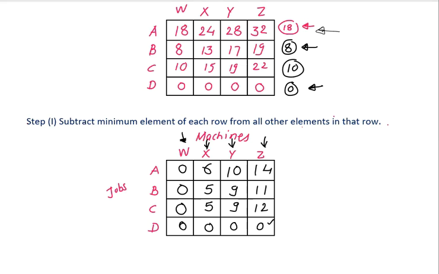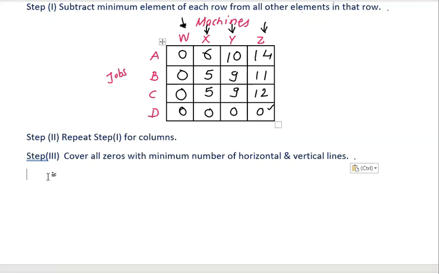So next we will apply step number 3. Cover all zeros with the minimum number of horizontal and vertical lines. Since step number 2 does not change the cost matrix, let us apply step number 3.